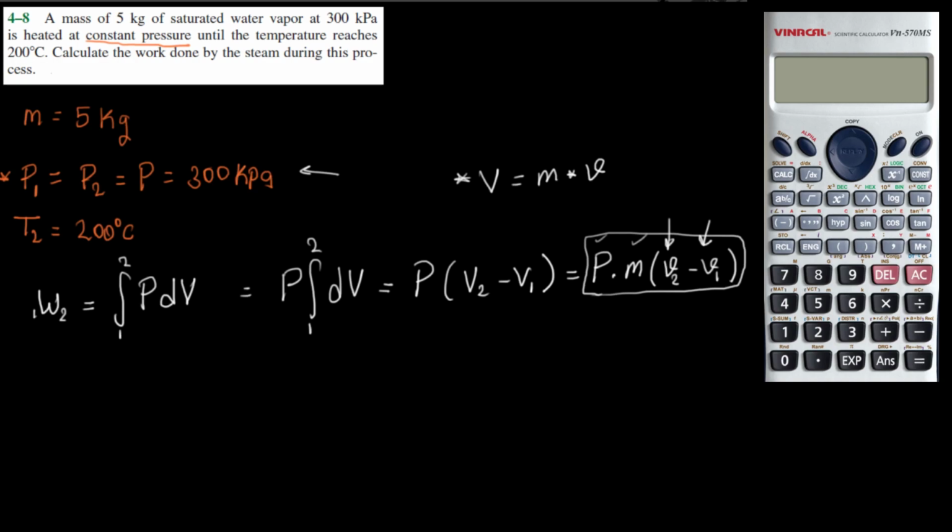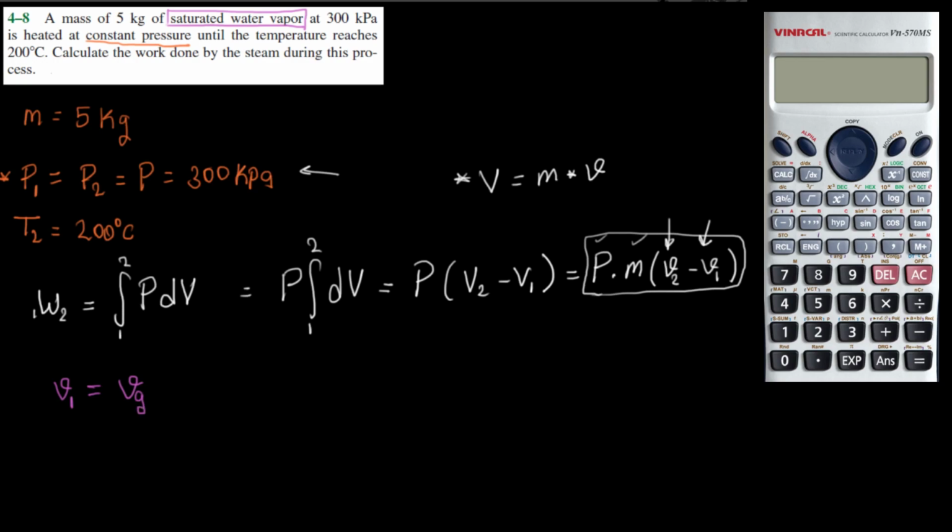Notice that the first state or the initial state is saturated water vapor, okay? So since it's a saturated water vapor, we know that the specific volume 1 is equal to the specific volume Vg, okay?